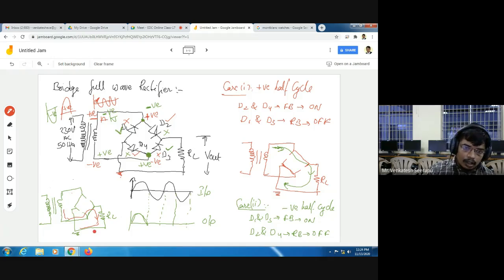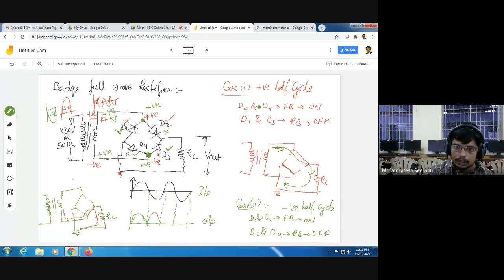So here also current flows through the load resistance in the same direction as the current flows in the load resistance in case of a positive half cycle. So here also I am getting a positive half cycle as output only. Here also I am getting a positive polarity as output. Why?